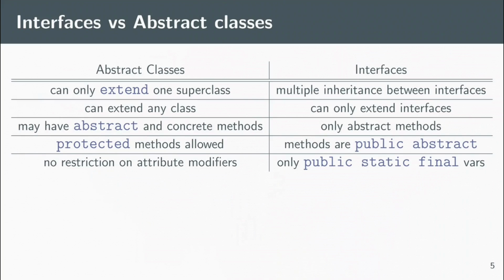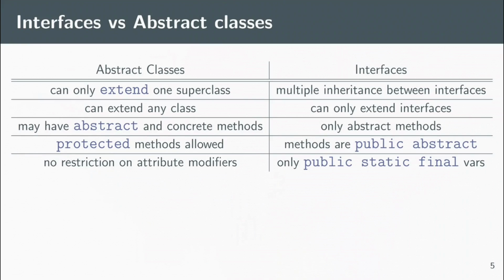An abstract class can have abstract as well as concrete methods. So you can provide some methods with an implementation in an abstract class, but in interfaces, you can only have abstract methods. In abstract classes, you can also have protected methods. And these make no sense in interfaces because interfaces are there to declare what's public. So in interfaces, you only have public abstract methods.